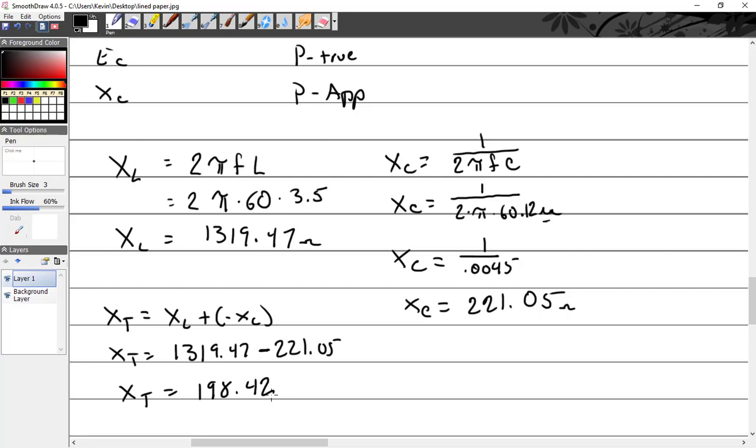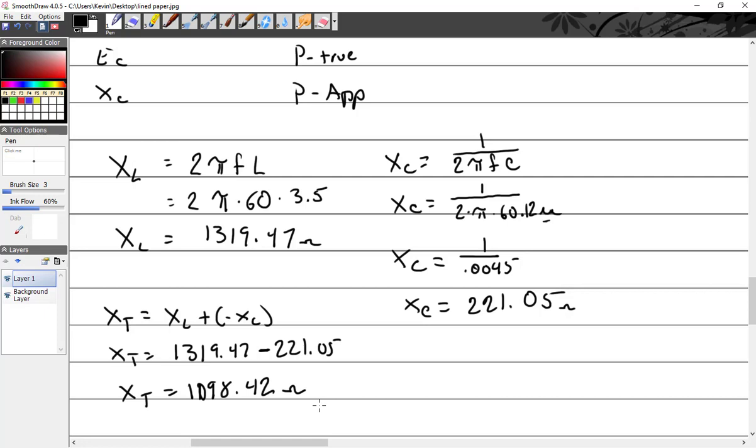Sorry. 1098. Yes. 1098.42. Yeah, that's right. Okay, next thing. Is there any notation of it, like ohms? Yeah, ohms. Just get off me.